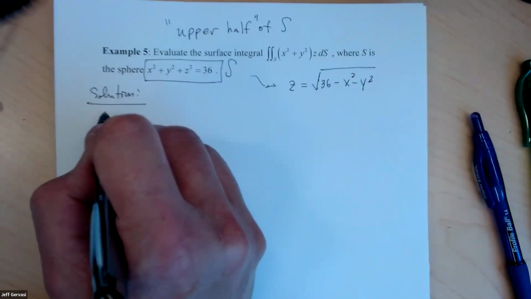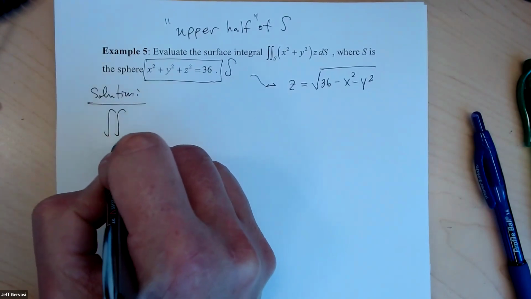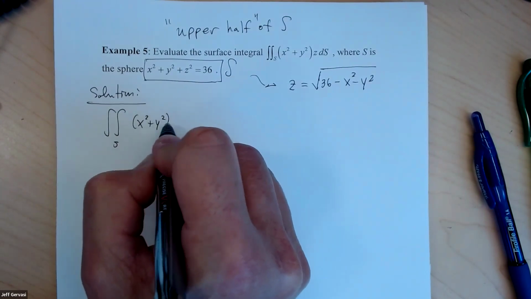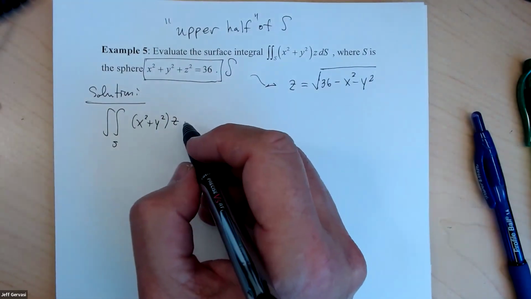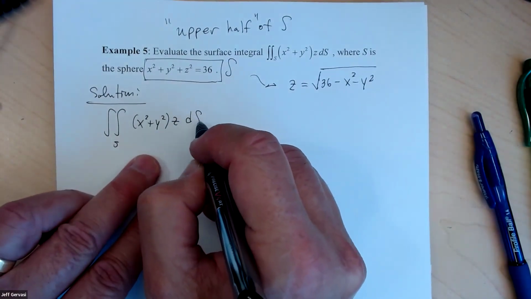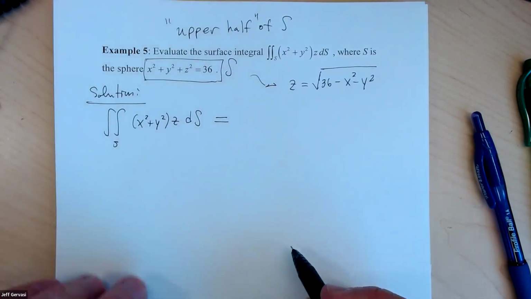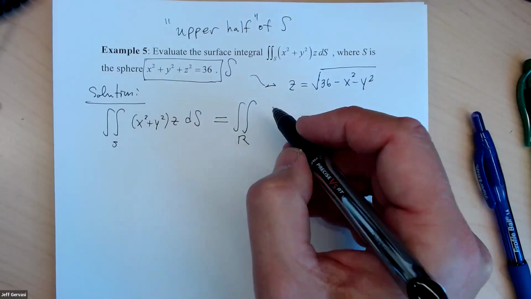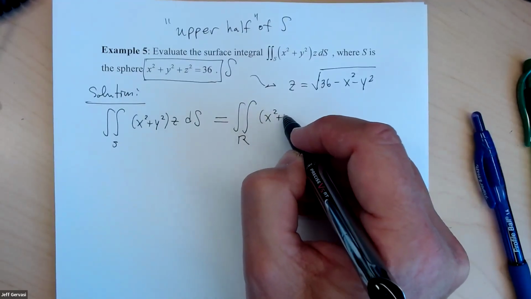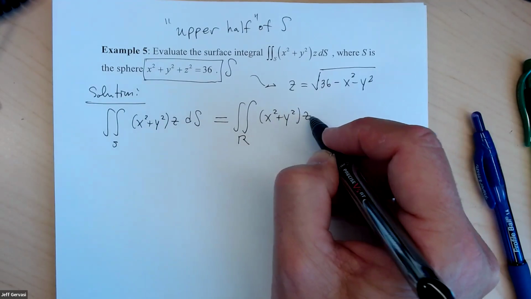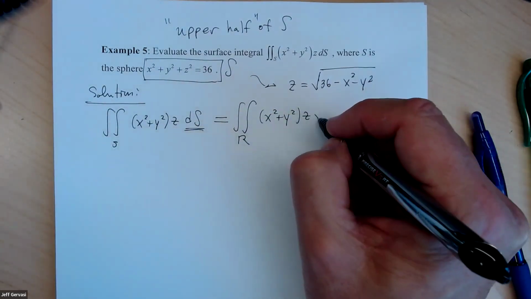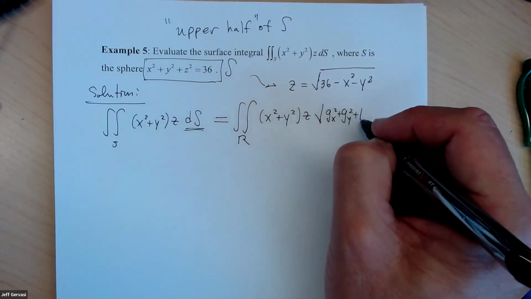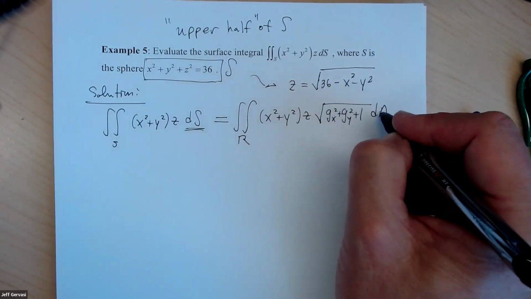All right, let's see. So our integral, we're going to have to rewrite it like this, where dS is equal to this quantity from our previous example.